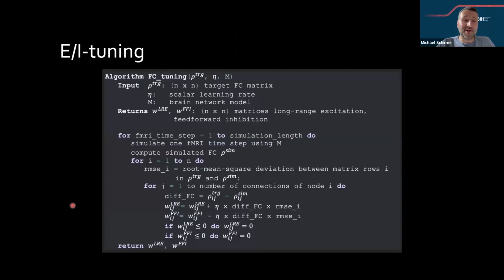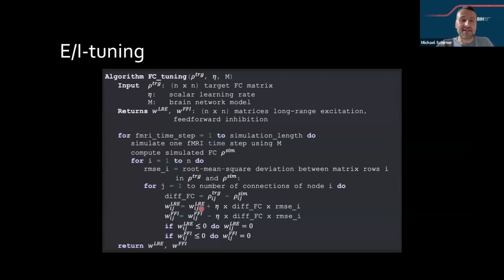And the algorithm is super simple. I have revealed the whole story already to you. We can form an algorithm out of this simple intuitive concept of excitation inhibition balance and the ratio of long range excitation and feed forward inhibition. So all we really do is simulate a few time steps, produce a new functional connectivity matrix, and then compute the difference between our empirical and our simulated functional connectivity matrix.